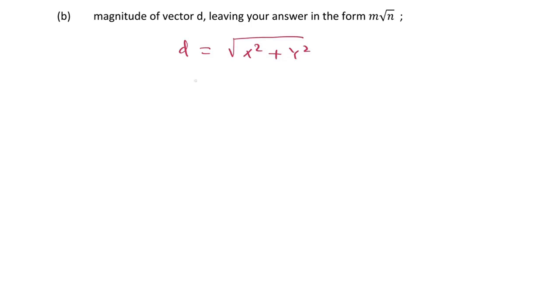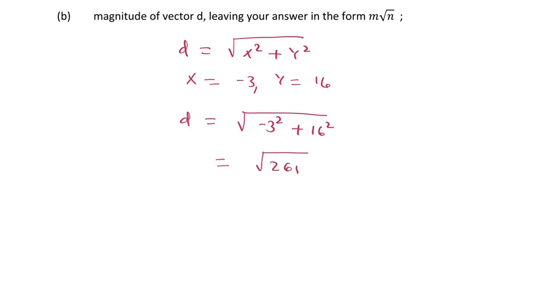Let us substitute the values of x, which equals negative 3, and y, which equals 16. Then our equation is D equals under root negative 3 squared plus 16 squared, which, solving this, gives D equals under root 265. And this is the magnitude required.